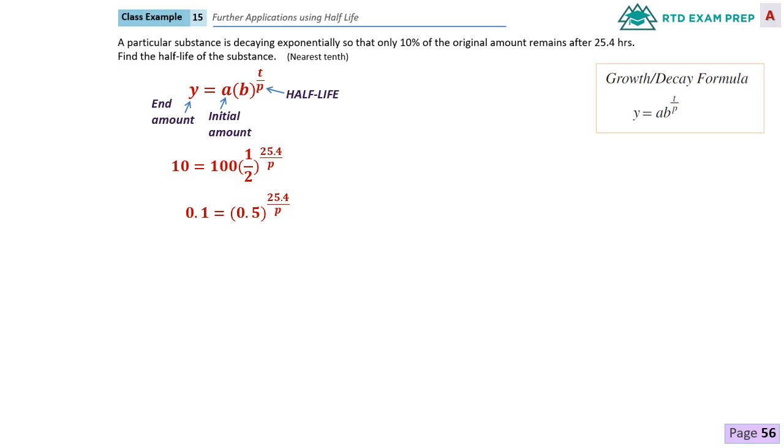At this point, we're trying to get our unknown value of p out of the exponent. This will require us to use logarithms. In this example, it will be easiest for us to convert from power form to logarithmic form by taking the base of 0.5 and making it the base of the logarithm.